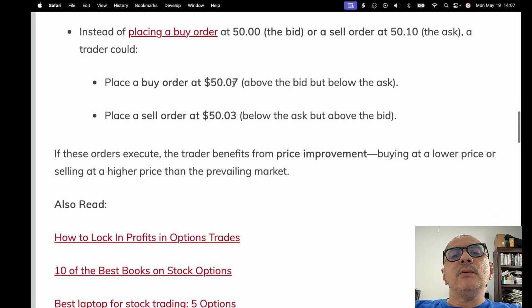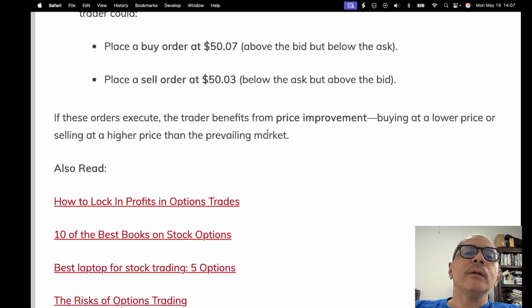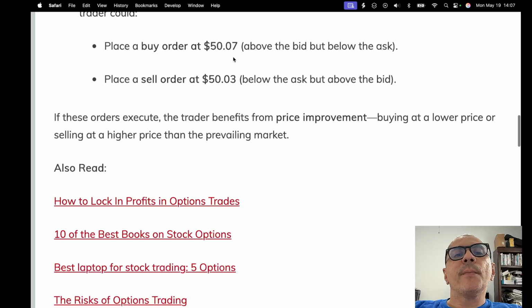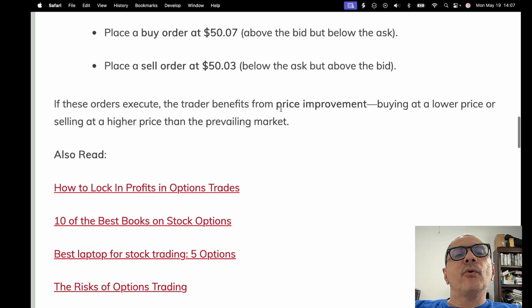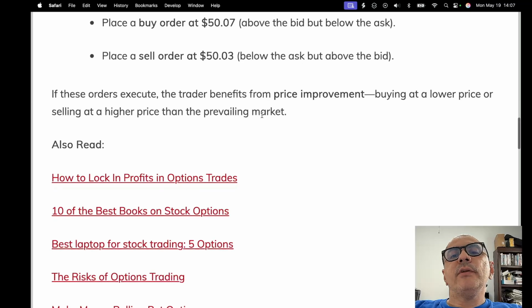In that case, you are trying to get 3 cents more for either the sell order or the buy order. In other words, you are going to try to sell for a little more or buy for a little less. This is a big advantage, especially if you are trading a lot of contracts. If these orders execute, then the trader benefits from price improvement: buying at a lower price and selling at a higher price than the prevailing market.